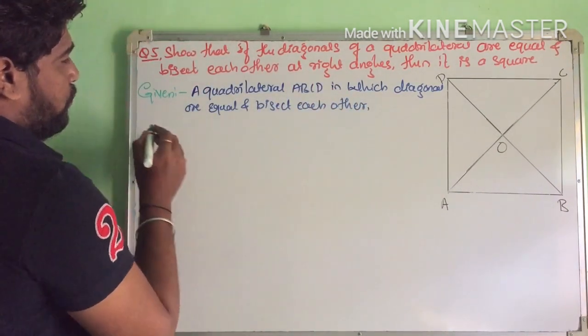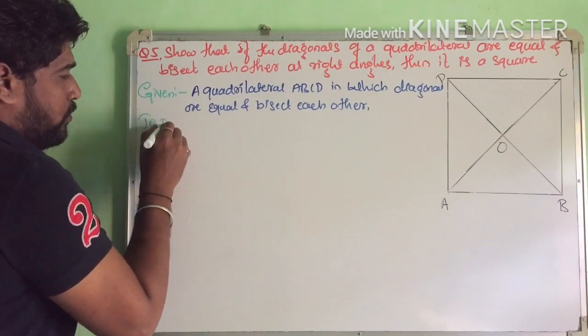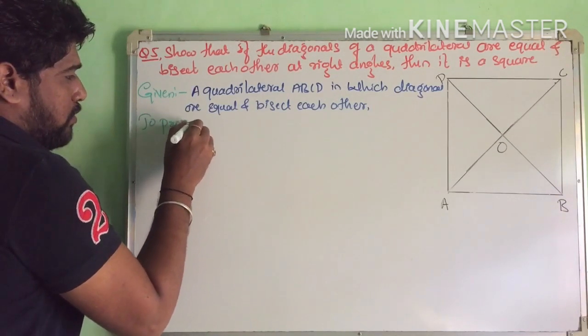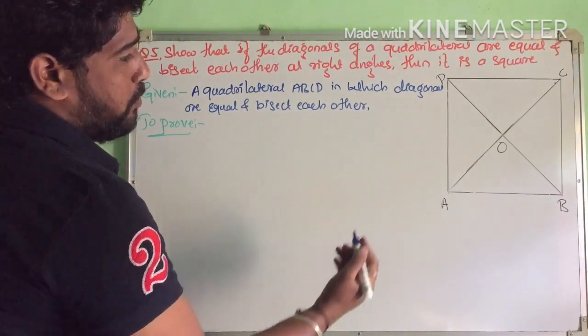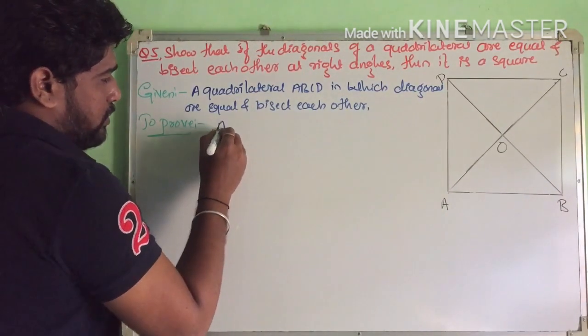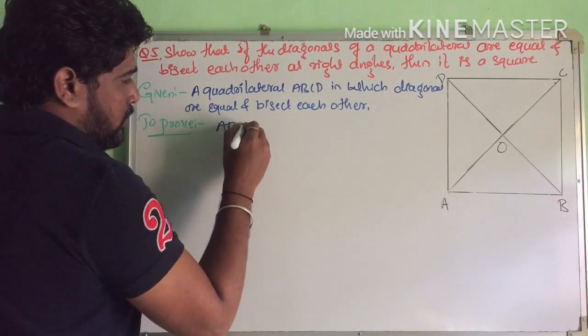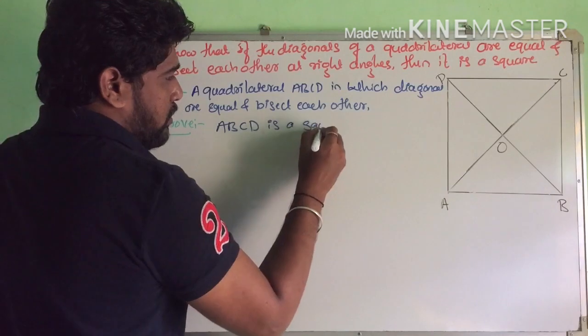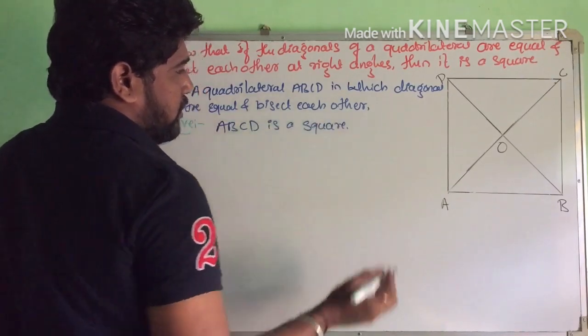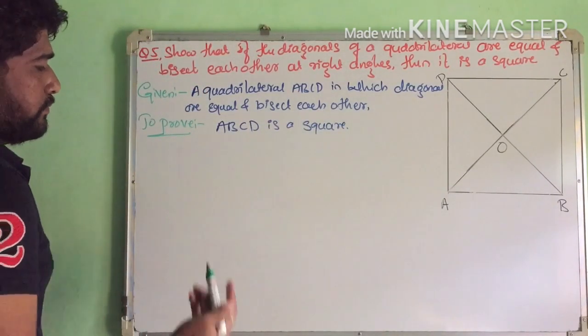And we want to prove here, to prove: ABCD is a square. So proof.